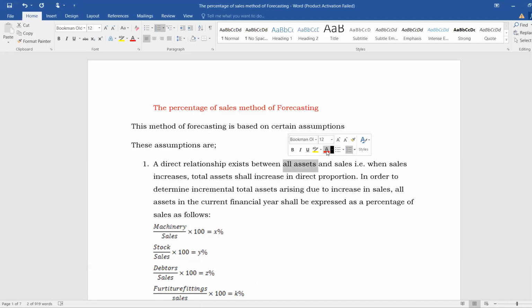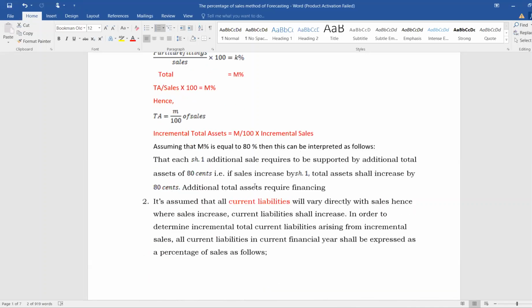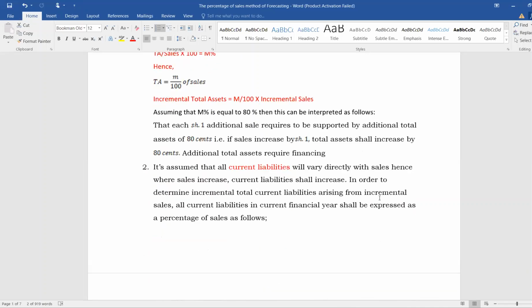So the assumption of this method is that all current liabilities have a direct relationship with sales. Hence, if there's an increase in sales, then we expect an increase in current liabilities. The assumption is that a direct relationship exists between current liabilities and sales.